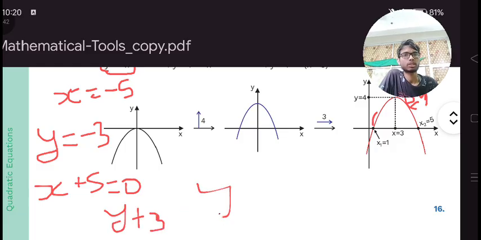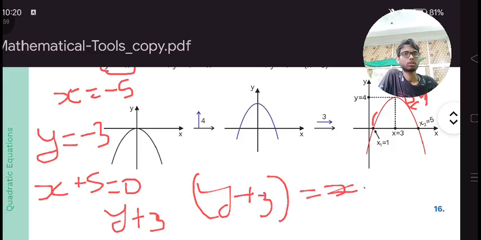So we can easily say y plus 3, in brackets, is equal to (x plus 5) raised to power 2, a square.